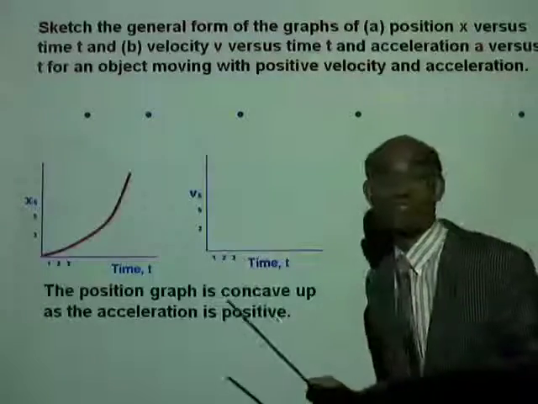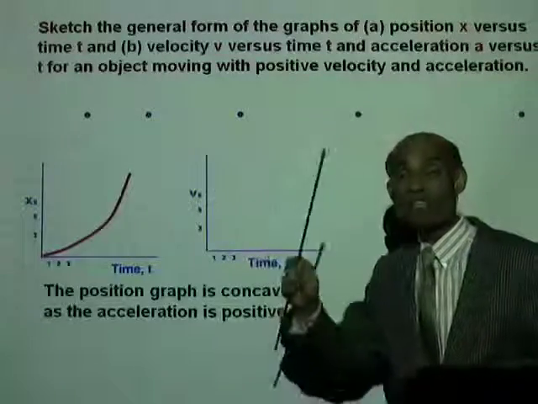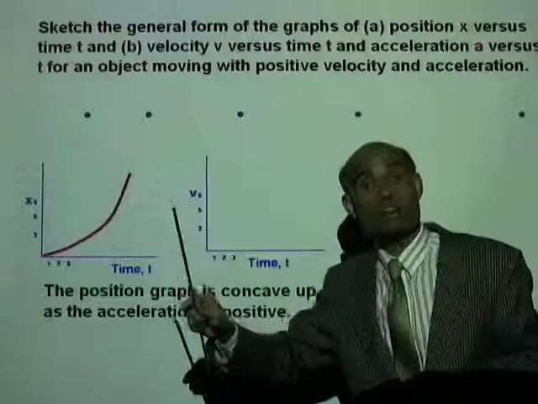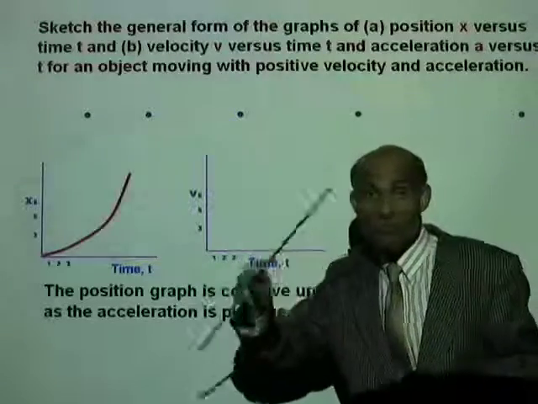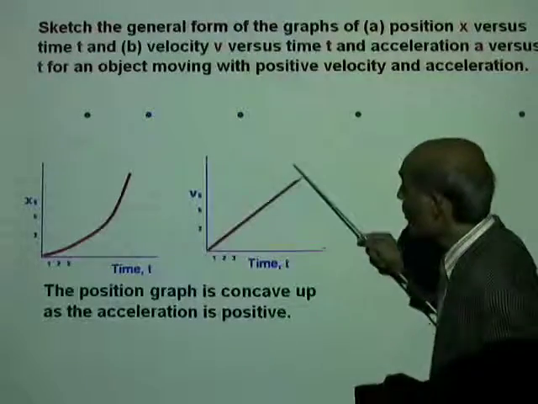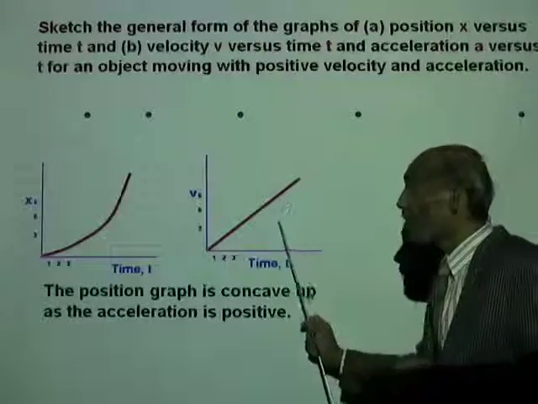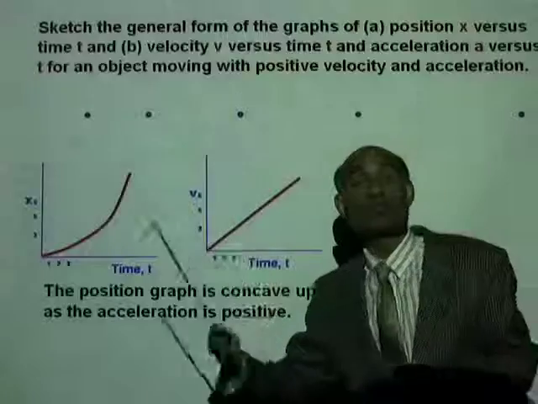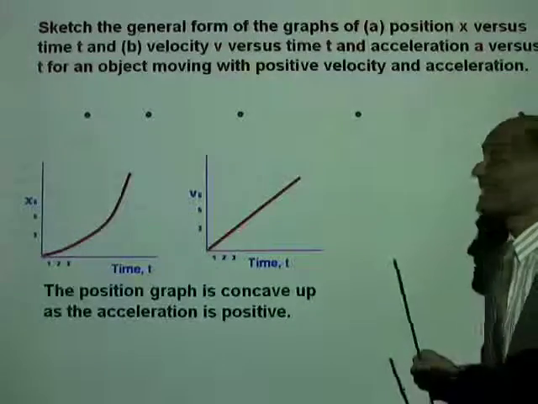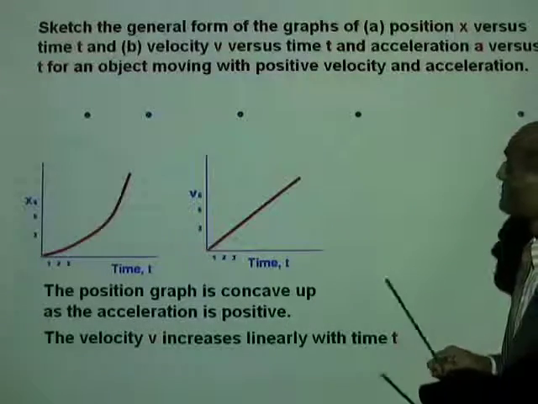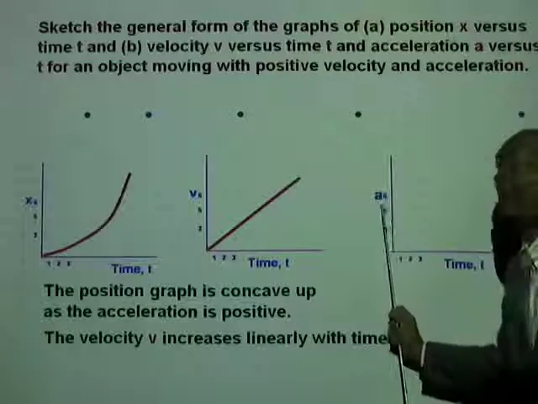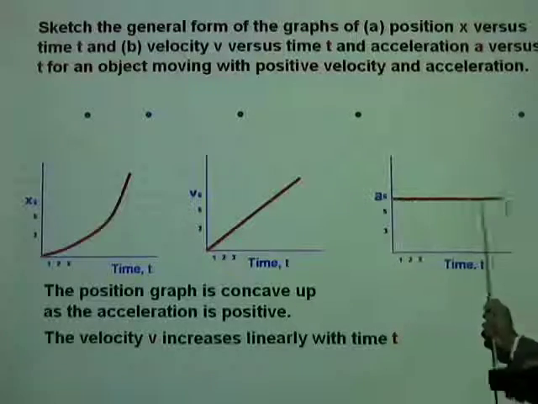How about the velocity graph? Because the acceleration is positive and uniform, the velocity will keep on rising. It will be a straight line, and the slope of the velocity graph will be the acceleration. How will the acceleration change? The acceleration will be uniform and positive.